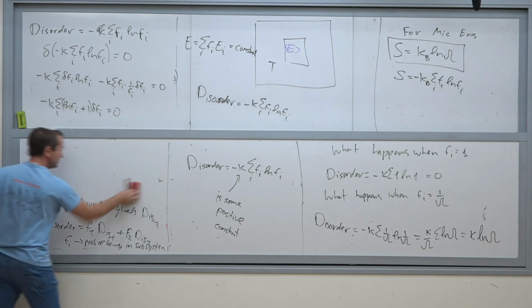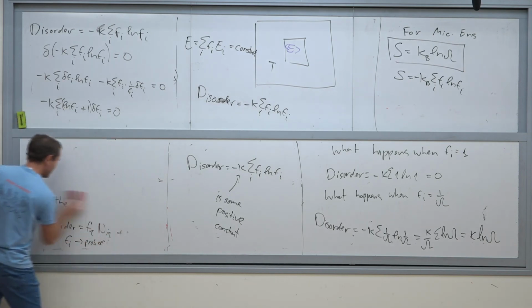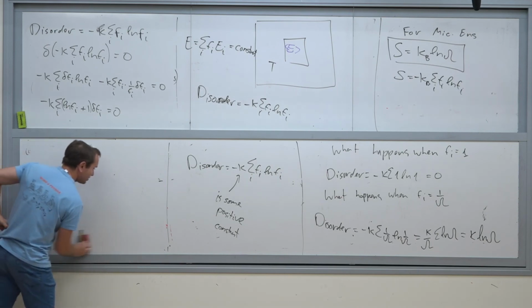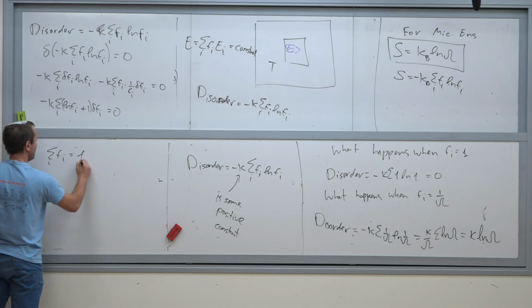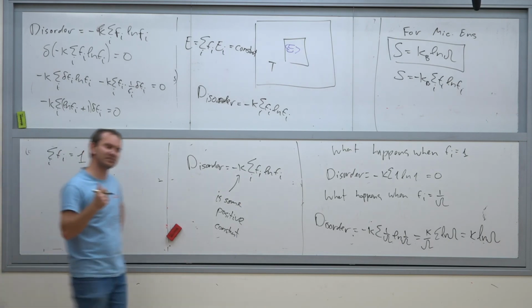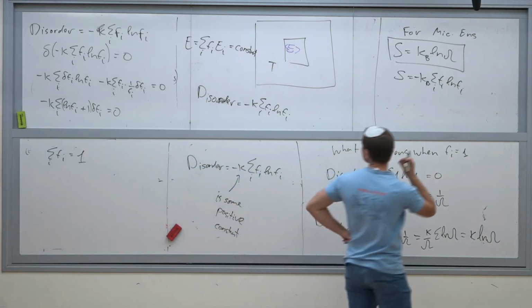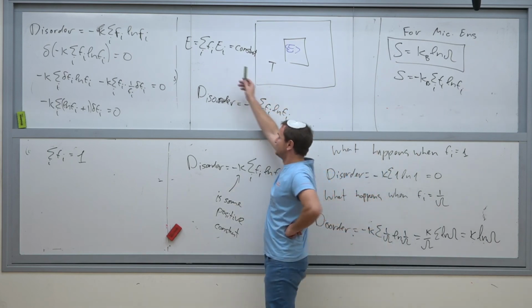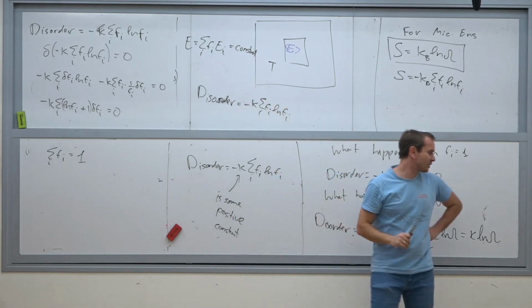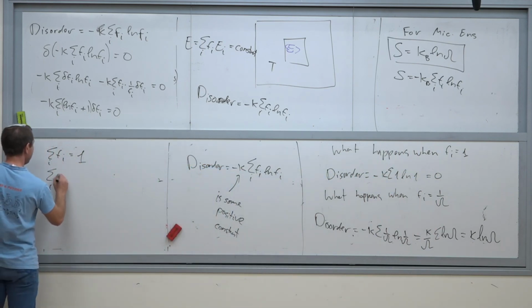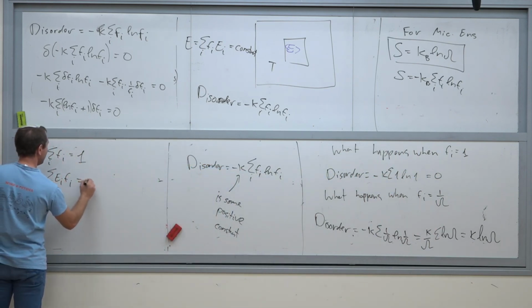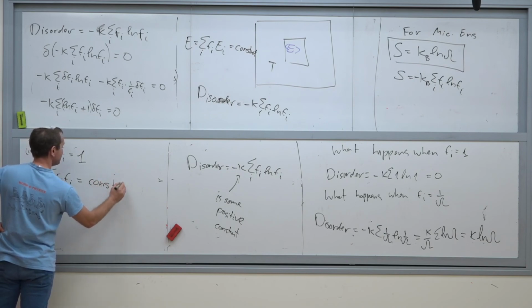So first of all, we know that sum of i, Fi equals 1. This is the first constraint. What is the other constraint? The energy is constant. Okay? The other constraint is sum of i, Ei, Fi equals constant.